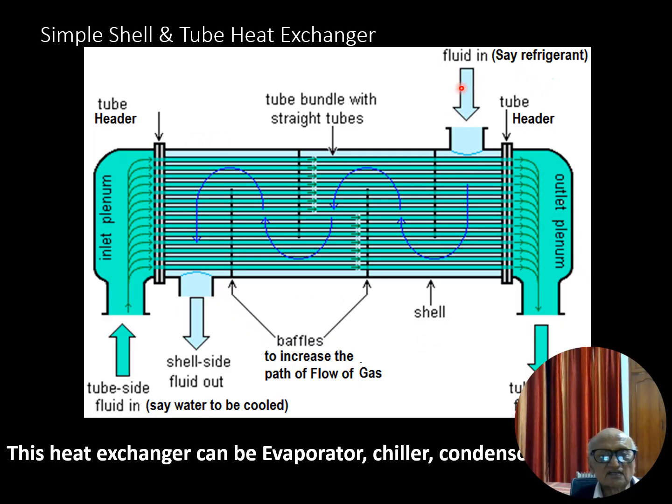So let us come back. One fluid enters, say refrigerant, through this and takes a long route due to baffles provided in the cylinder. These are half cylindrical baffles. The refrigerant comes out, and in this long circuitry of tubes connected through headers, water flows.